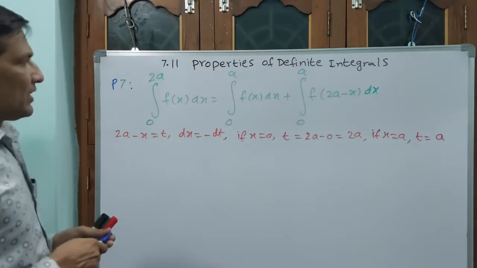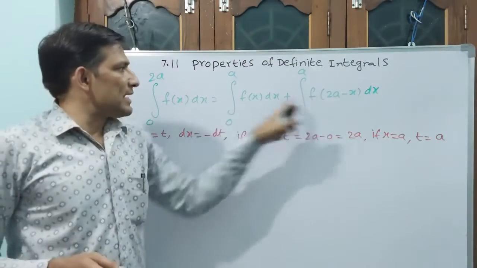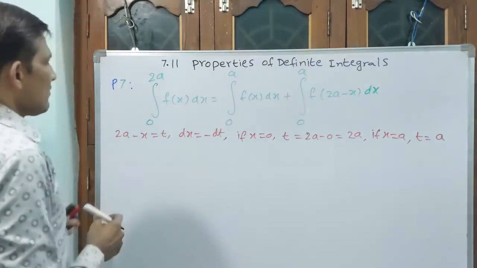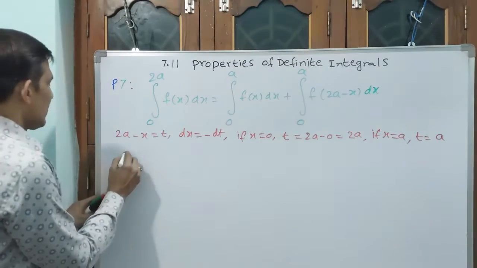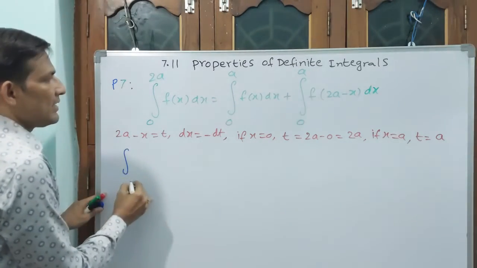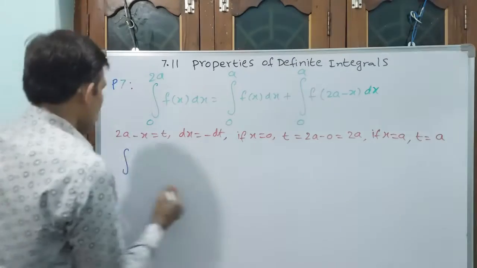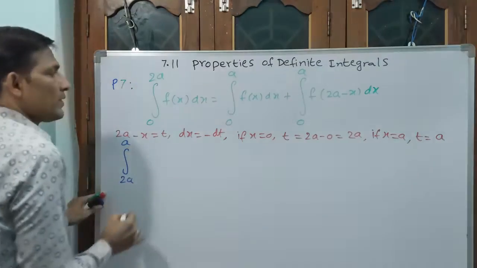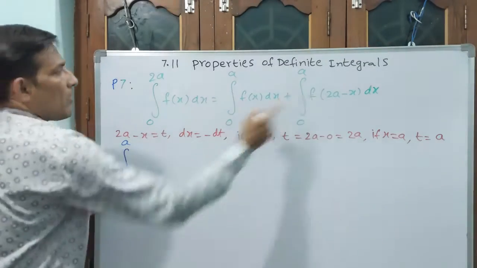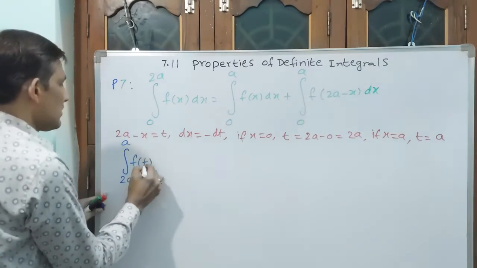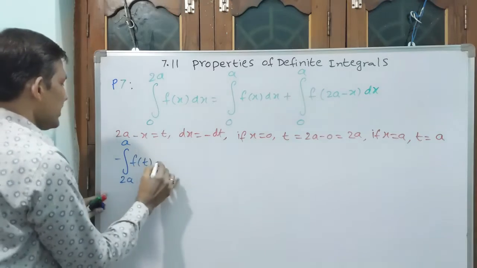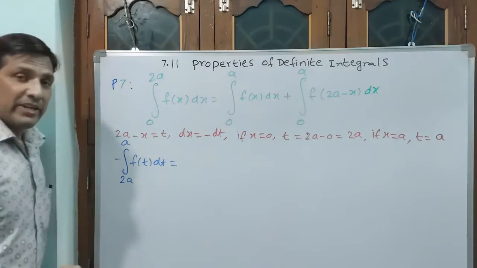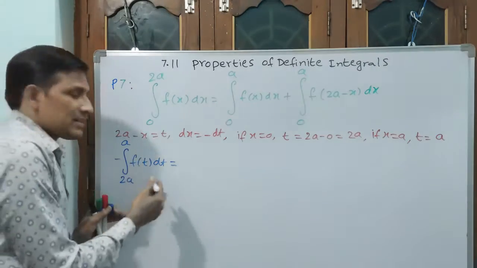Now come back again. See, I am doing only this and I am going to add to this. Let us see what will happen. Then integral, lower limit is 2a, upper limit is a, f of t, dx is minus dt. Is it okay? Now I want to reverse this.